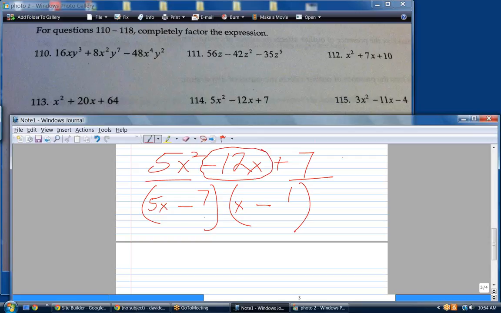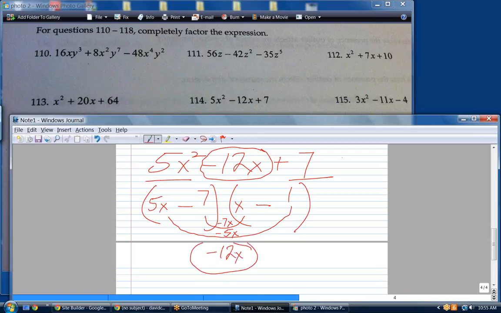Well, I like to call that my smiley faces, because I connect the two inside terms, which gives us minus 7x, and I connect the two outside terms, which gives us minus 5x. Then I add those two numbers together. That should be my middle term, and it is. So I've done it correctly.